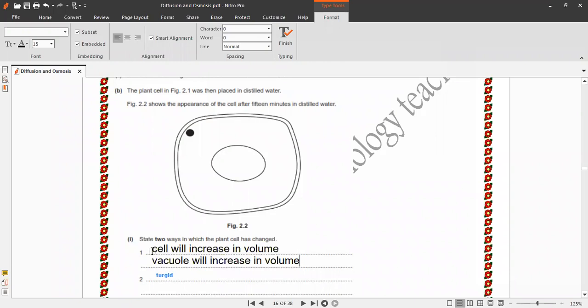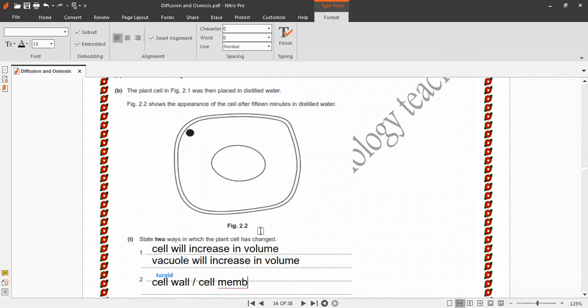But what happens to the cell wall and cell membrane? What happens to the cell wall or cell membrane? Mister, I can't hear you. What happens to the cell wall or cell membrane? The cell wall will stretch and increase.